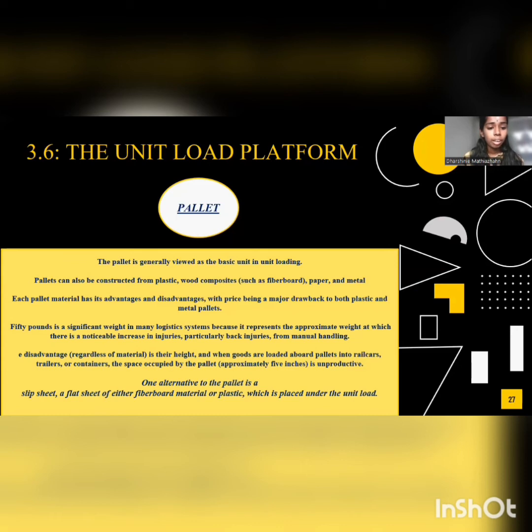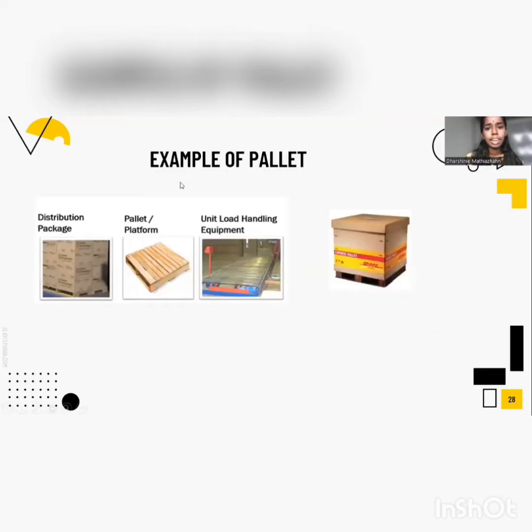A disadvantage regardless of materials is their weight, and when goods are loaded aboard pallets into rail cars, trailers, or containers, the space occupied by the pallets is approximately five inches. One alternative to the pallet is the slip sheet, a flat sheet of either fiber, board material, or plastic, which is placed under the unit load. These are the examples.